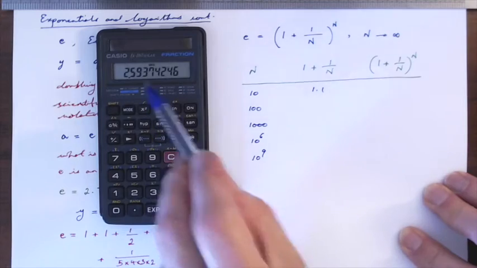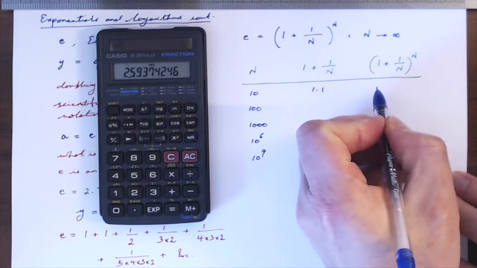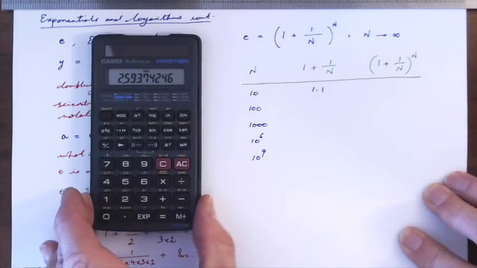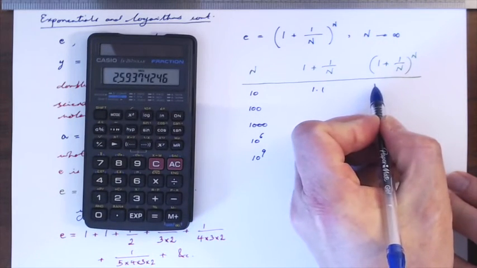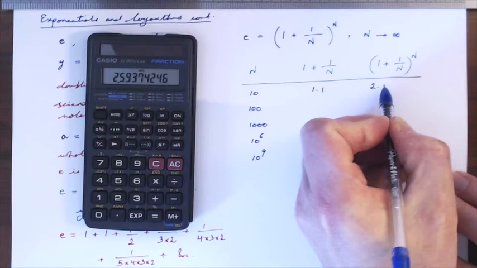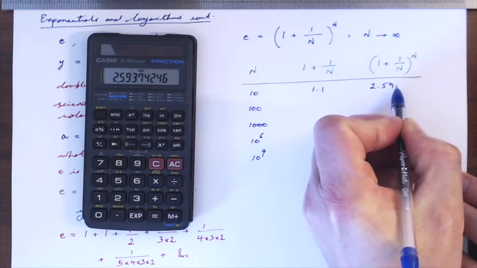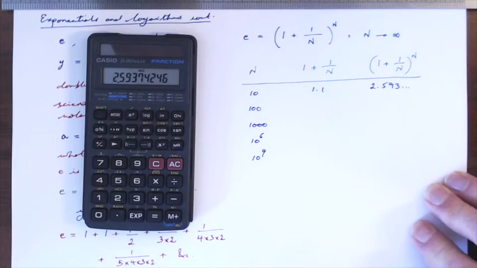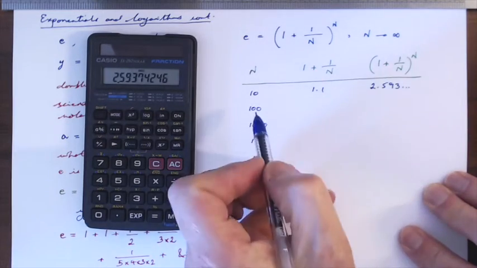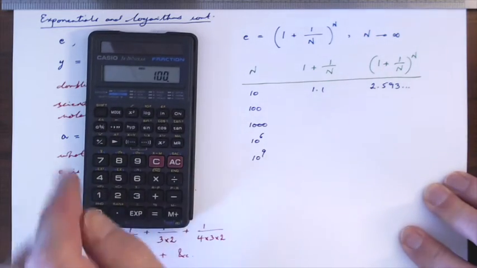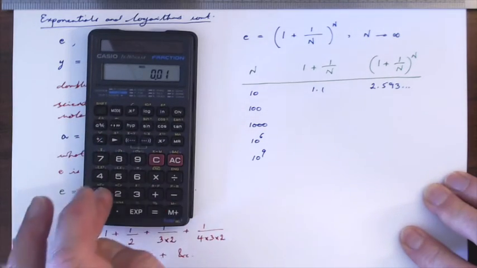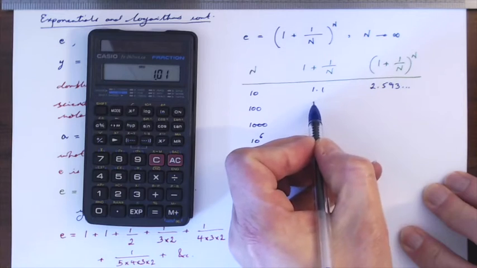You see, I get a number that is not too far from this number we've been talking about, this curious number e. So this gives me the number 2.593.